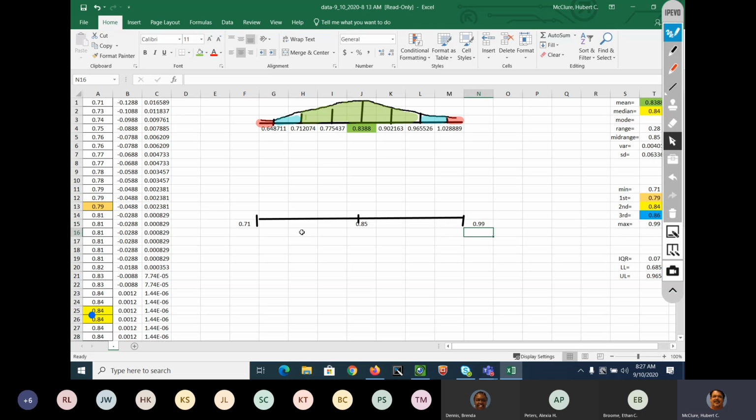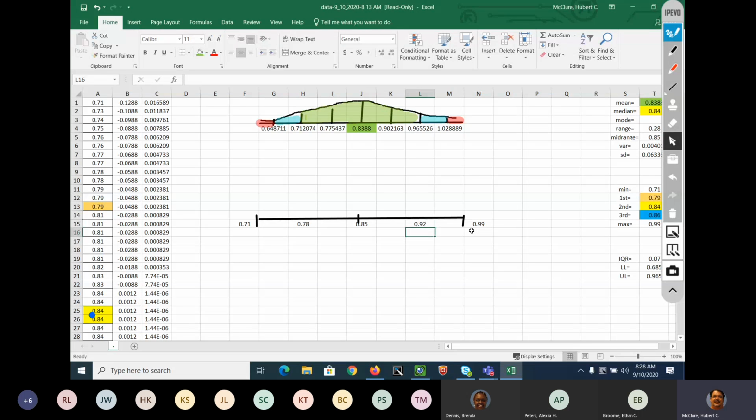And of course, now you're going to divide it. Let's see, 71 to 85 is what? 14, half of 14 is 7. So that's going to be 0.78. And half of 14 is 7, so 0.92.